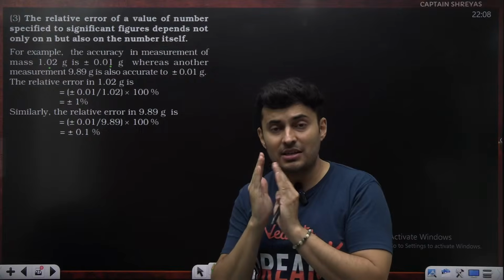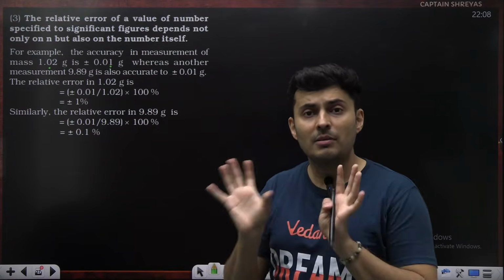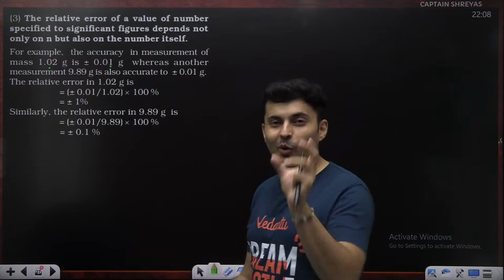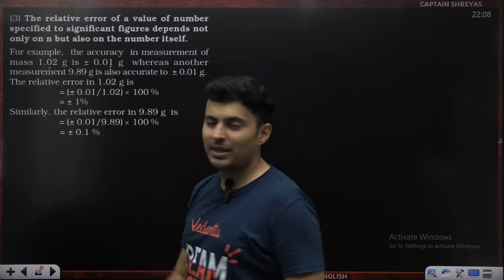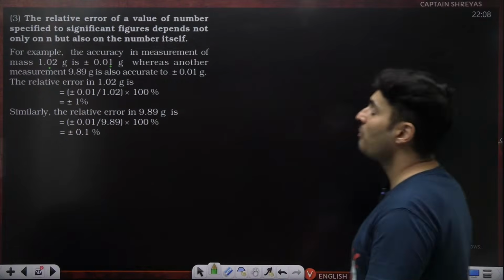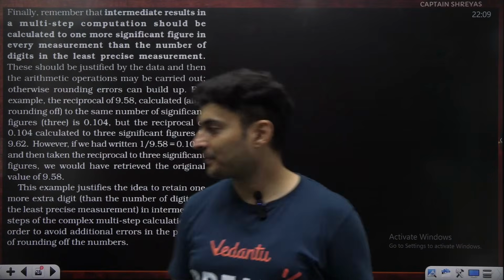Just because you have expressed a number till certain decimal places does not mean there is more or less percentage error. It also depends on what that number is. Like you can see over here, both were expressed till two decimal places, but the percentage error in one was 1%, the other was 0.1%.